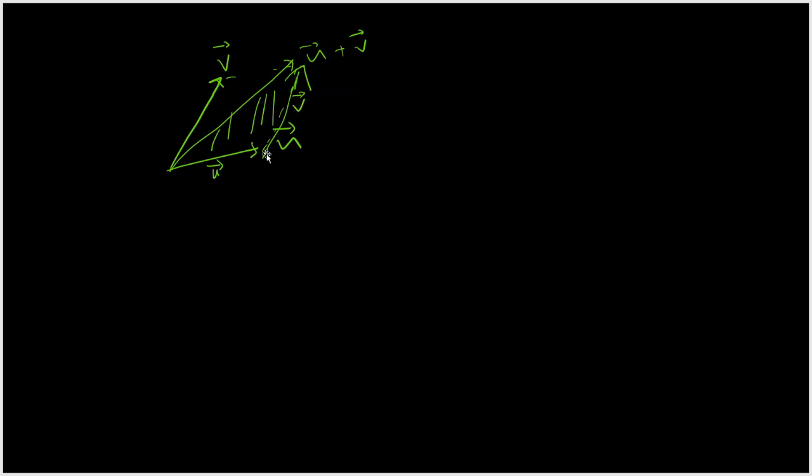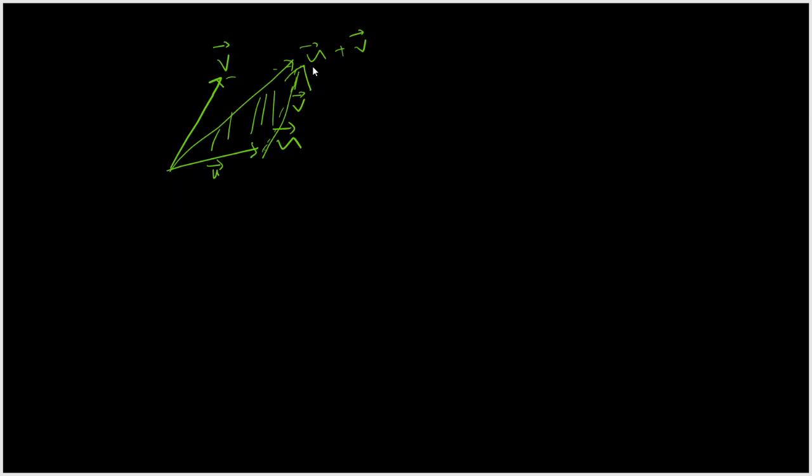Initial point of v is at the terminal point of u. And then you have a shaded triangle. So you see how to get u plus v, right? And then the other side, the direction is from the initial point of u to the terminal point of v. So it represents the sum.